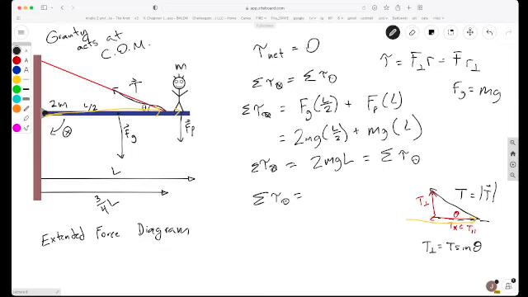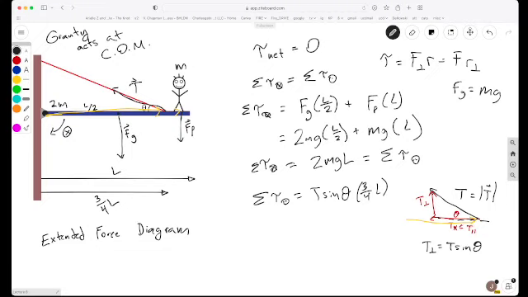Great, so now we can plug that into our torque equation. Now our force is T sine theta, and its distance, like we said before, is 3/4 L. Great, so now we have two expressions that are equal to each other.